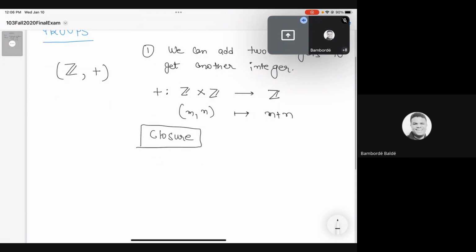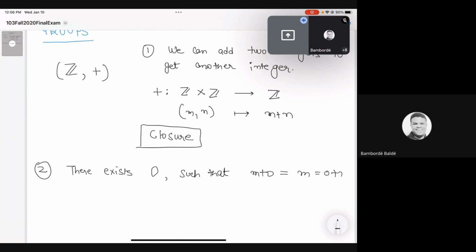The second thing we observe is that there is a special number called zero. There exists zero, and what is so special about zero? If we take any integer m and add 0 to it, we get back m itself.